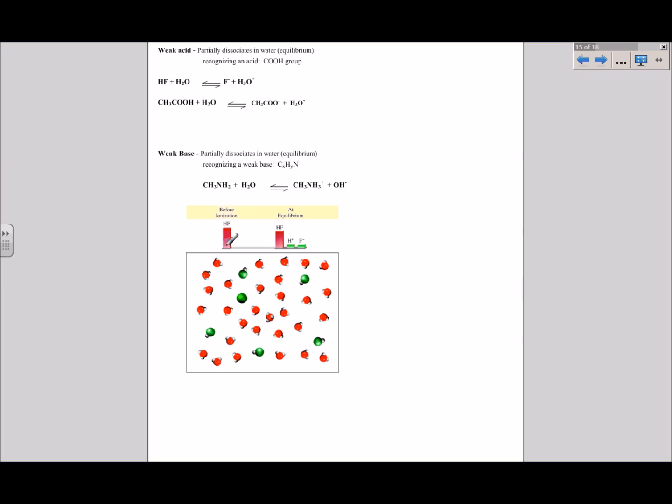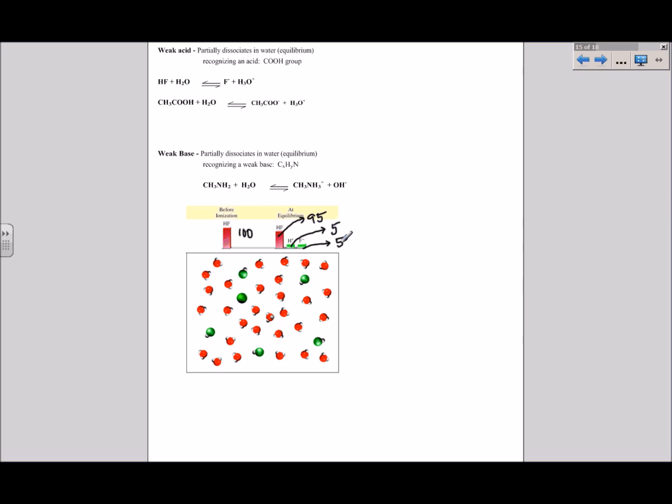So as a visual here, if I've got this weak acid of HF, if I put 100 molecules of HF into solution, 95 of them might stay intact as HF in the solution, producing only 5 H plus and 5 F minus in solution. So this would be a 5% dissociation. Only 5% of the molecules that I start with actually dissociate to produce products.